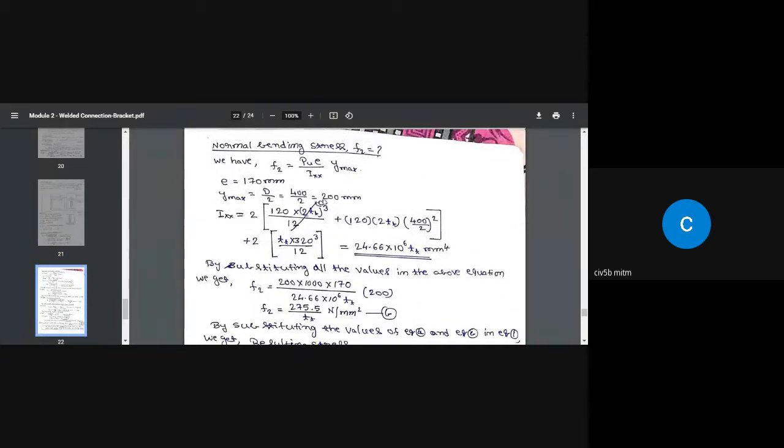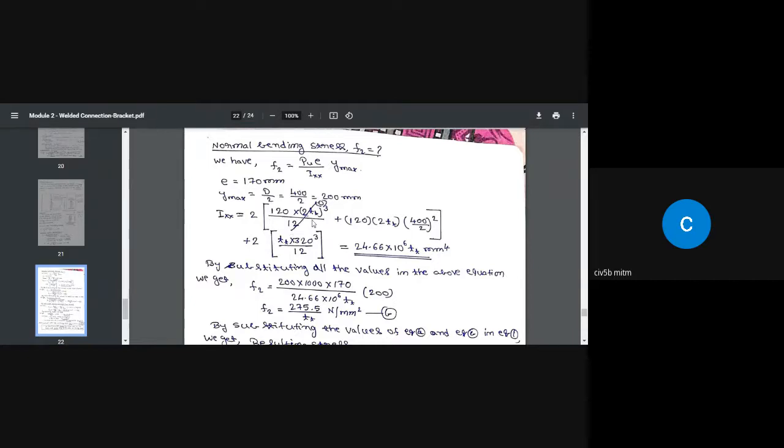Please develop the habit of ignoring small things. The cube of a small thickness is insignificant compared to other values, so you can ignore it. Even if you include it, it is not going to make much difference.